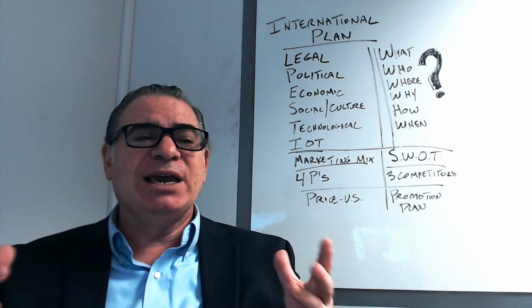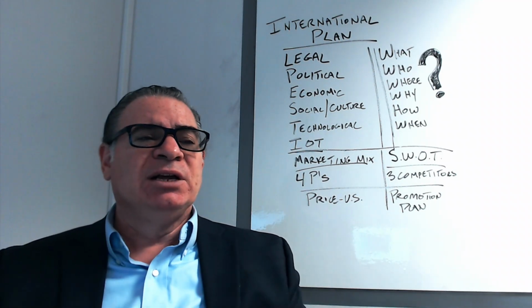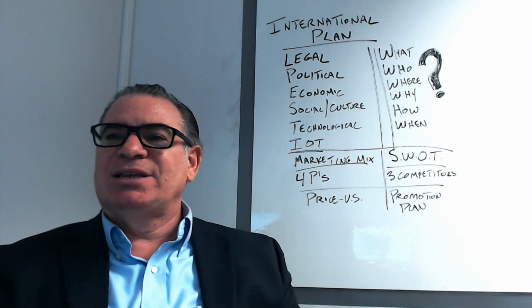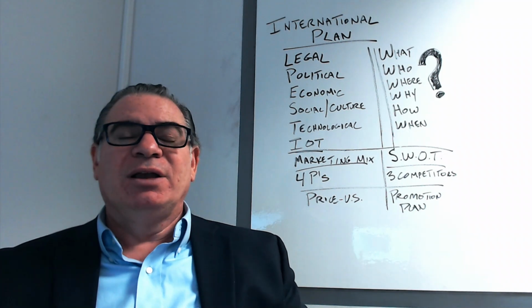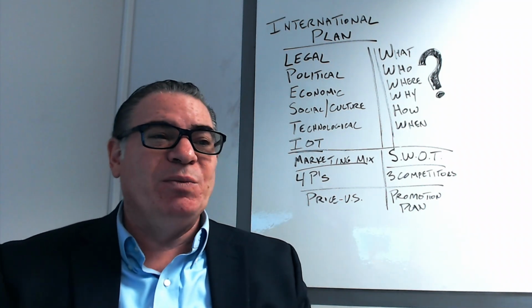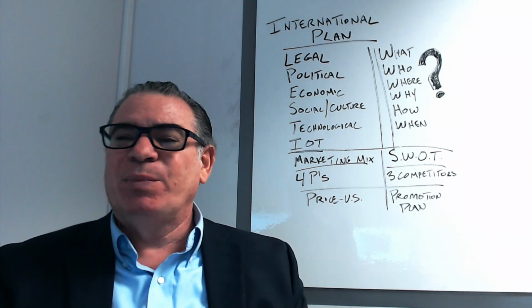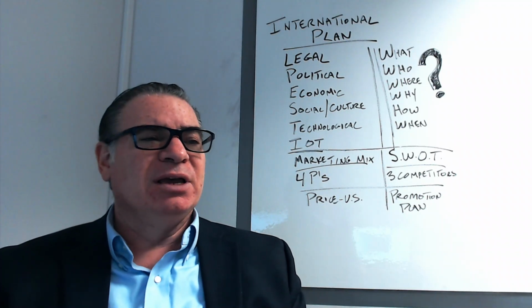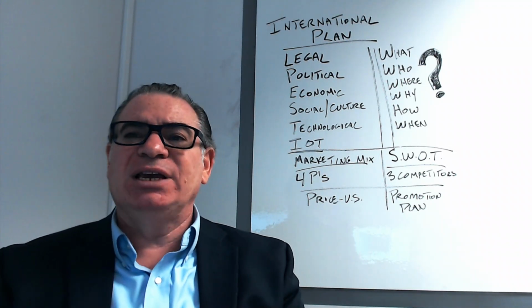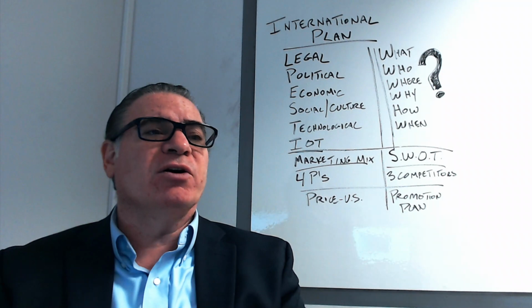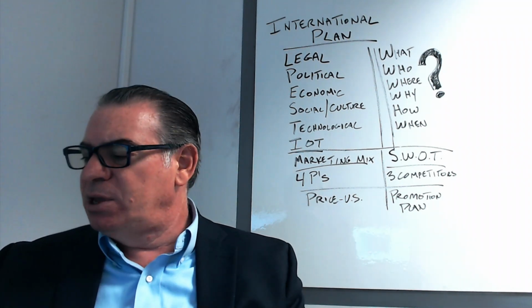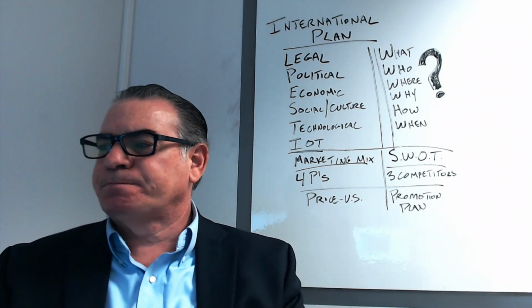You don't want to take off, let's say you go from the US to Colombia. You don't want to tackle the whole country or, from here to Brazil. It would be impossible to penetrate the Brazilian market in the beginning. So you have to focus in on specific markets that make sense. That's going to be important.